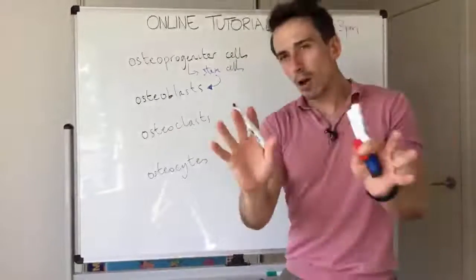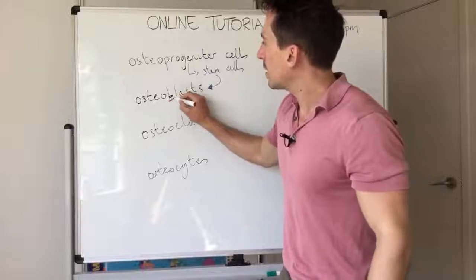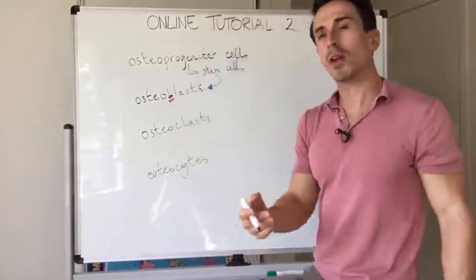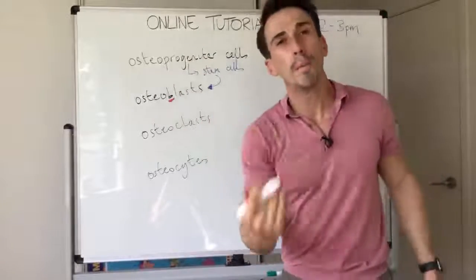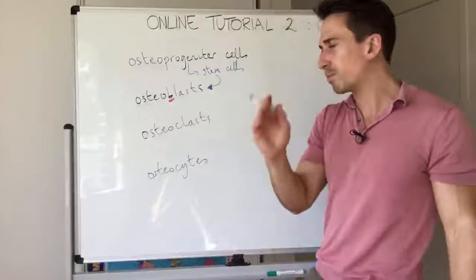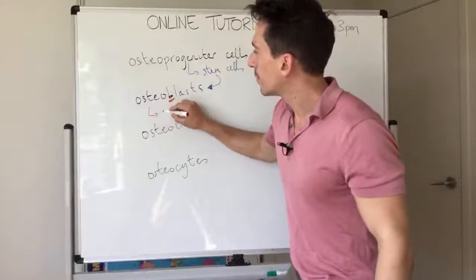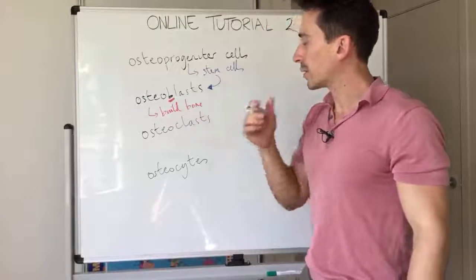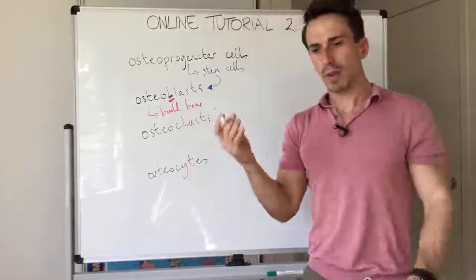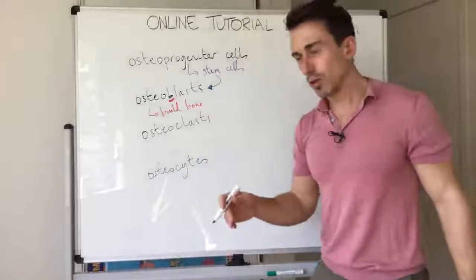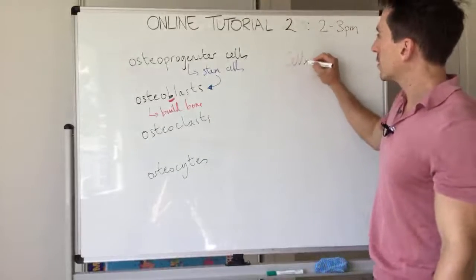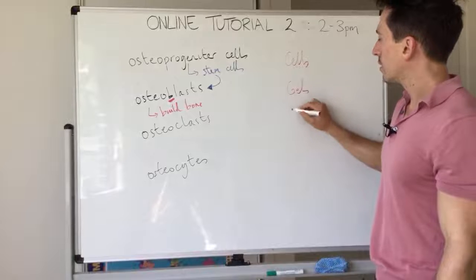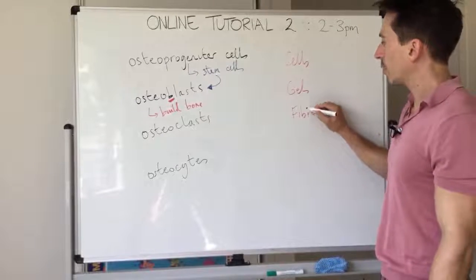Well, this is how I remember it. The B in blasts, think build. Osteoblasts build bone. And the question is, how do they build bone? Well, bone is connective tissue, which means it's made up of cells, gels, and fibers, right?